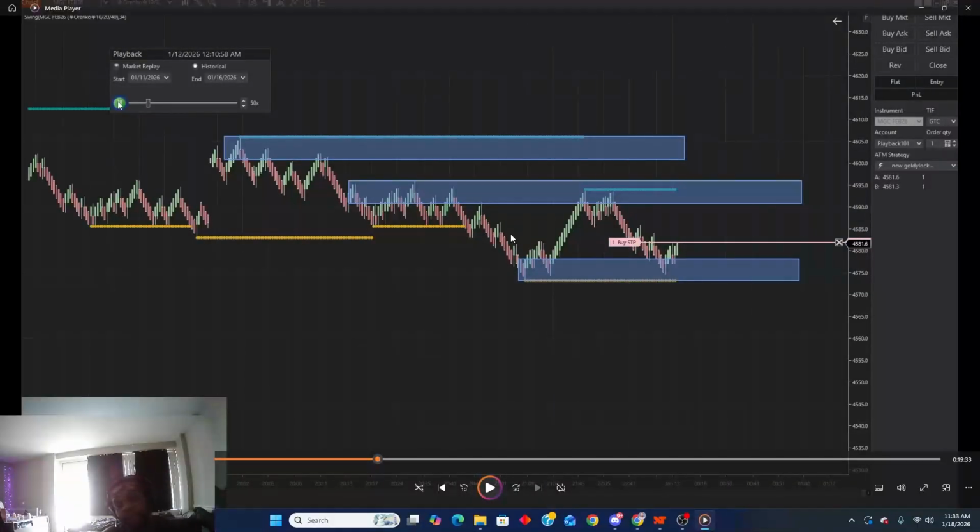Okay, so let me give you a rundown. Price came to the highs, slowed down. Price came again to the support, slowed down. Came, still making lows. So we're not placing any trades until this support is broken, because with this support broken, we can then expect it to go lower.